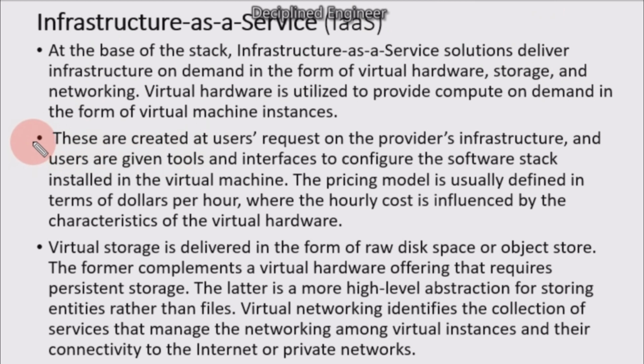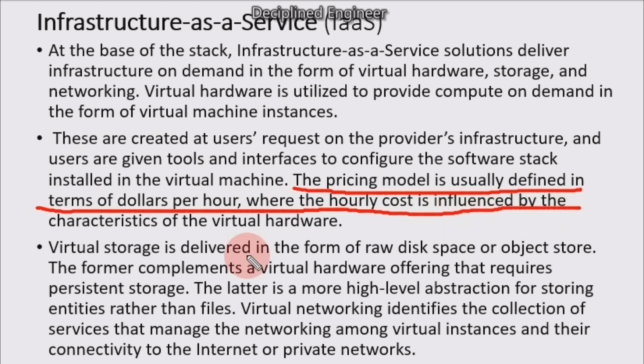There's a pricing model which is usually defined in terms of dollar per hour, where the dollar cost is influenced by characteristics of virtual hardware. So here we can see the infrastructure from Amazon or Microsoft or Google to do our storage, computation, perform operations on storage, all these things.